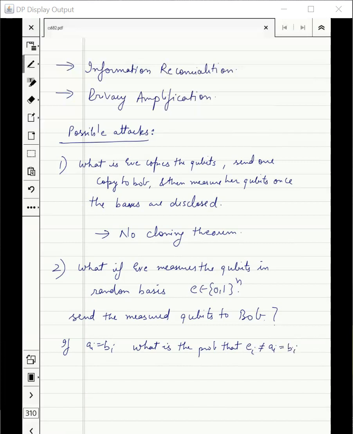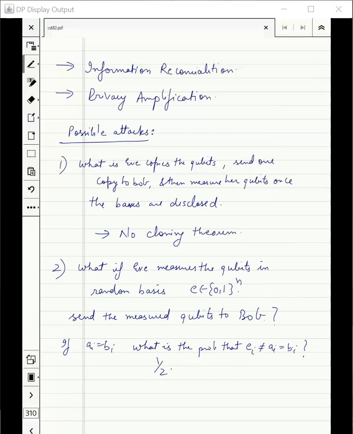We have some Ai, Bi with some value, say 0. I choose a random bit. What is the probability that this random bit agrees with Ai or Bi? Just half. That means at these places, Eve will measure in a different basis as compared to Alice's basis.